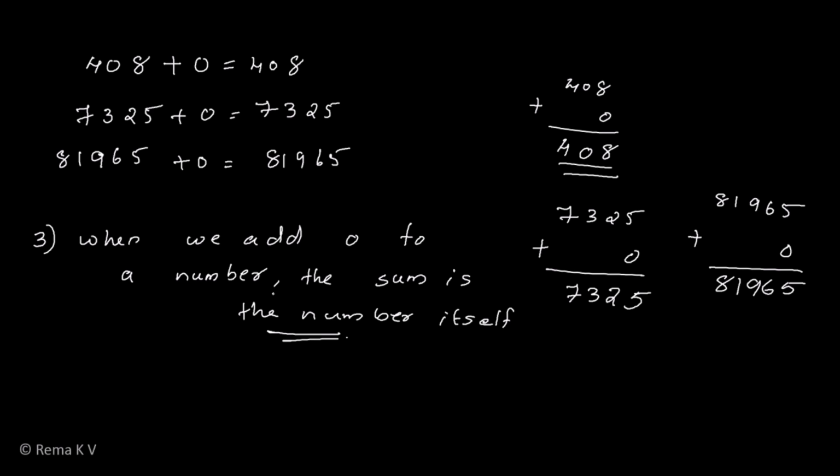So the first property is we can add numbers in any order, their sum will remain the same. The second property is when we add 1 to a number, we get the successor. And the third property is when we add 0 to a number, the sum is the number itself.